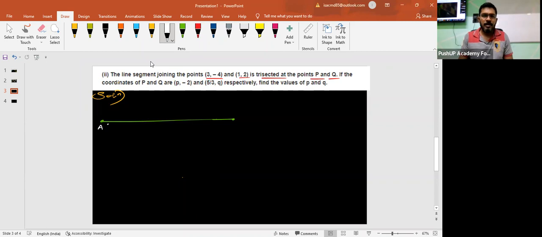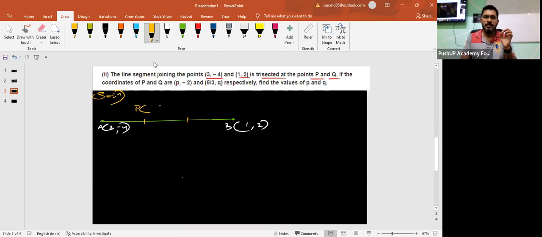Okay. Let me assume the coordinates of point A is 3, -4 and coordinates of point B is 1, 2. All right. This is how the line segment is formed. Everybody's camera is off. Kindly switch it on. There are 2 points P and Q, which are points of trisection.